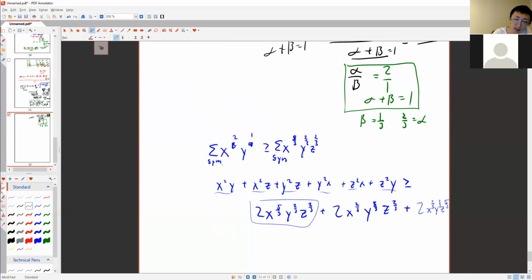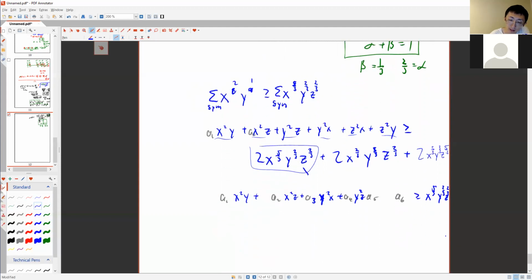But I imagine the idea is you just call the weights A1, A2, A3. And maybe some of these are actually equal, because x squared y plus A2 x squared z plus A3 y squared x and A4 y squared z and so on, so that it's bigger than exactly one of these terms, like x to the 5/3, y to the 2/3, z to the 2/3.